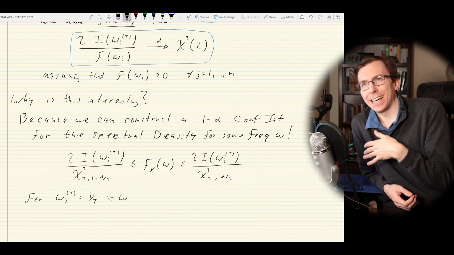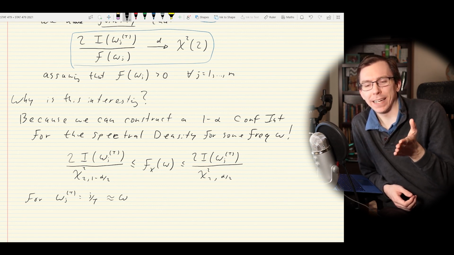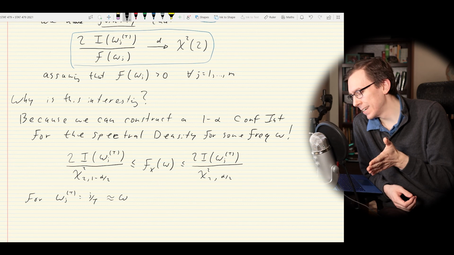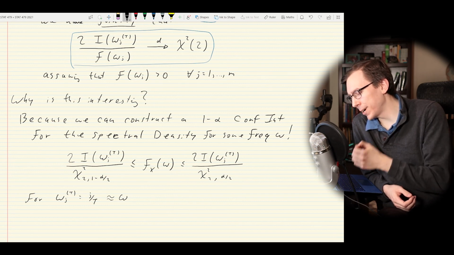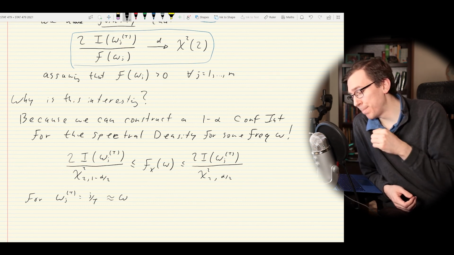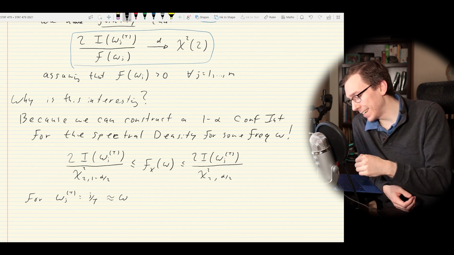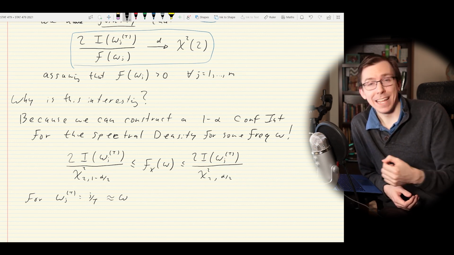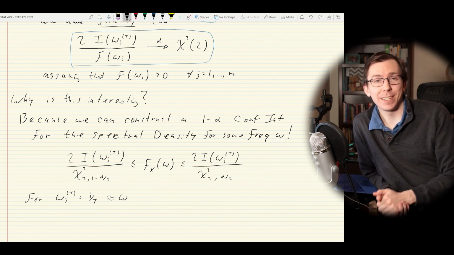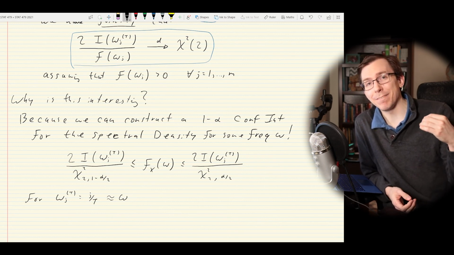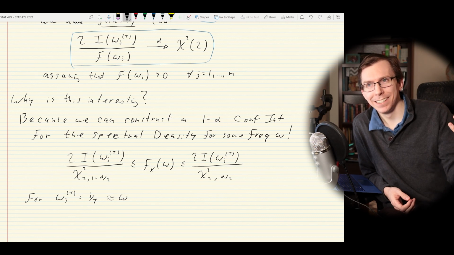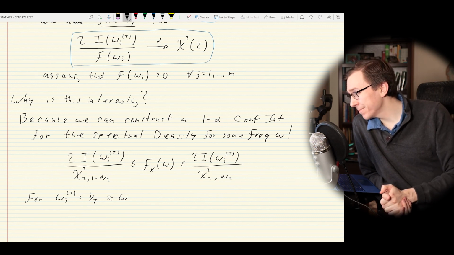Assuming the sample size is large enough, I can find an omega_j that's really close to omega, and use the chi-squared distribution to get upper and lower bounds on the spectral density. That's great because now we can get a sense of what the actual spectral density looks like in some statistically valid, asymptotically valid way.